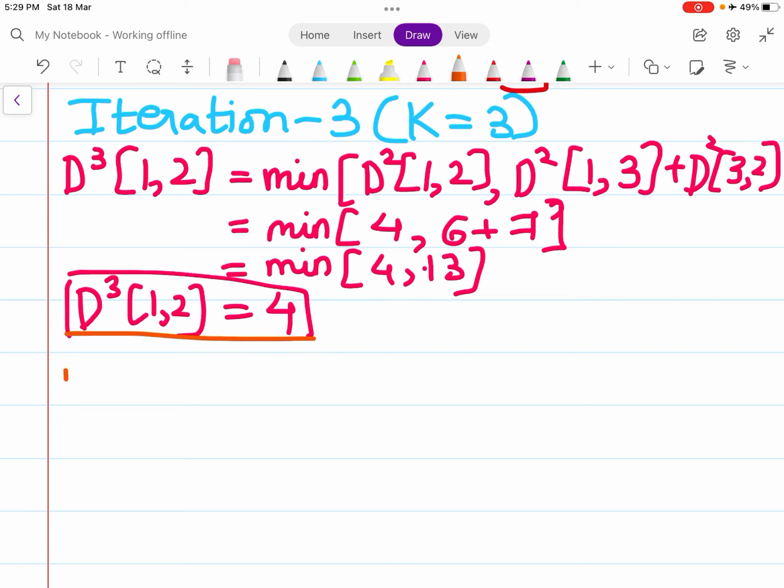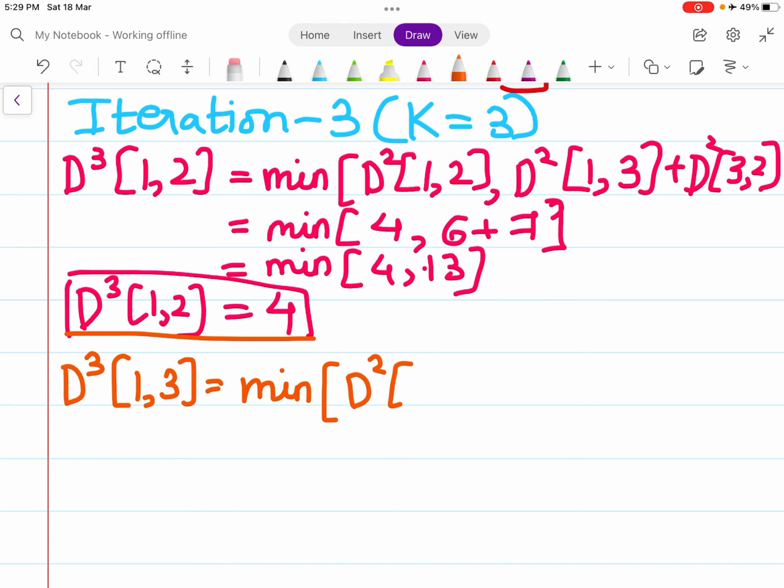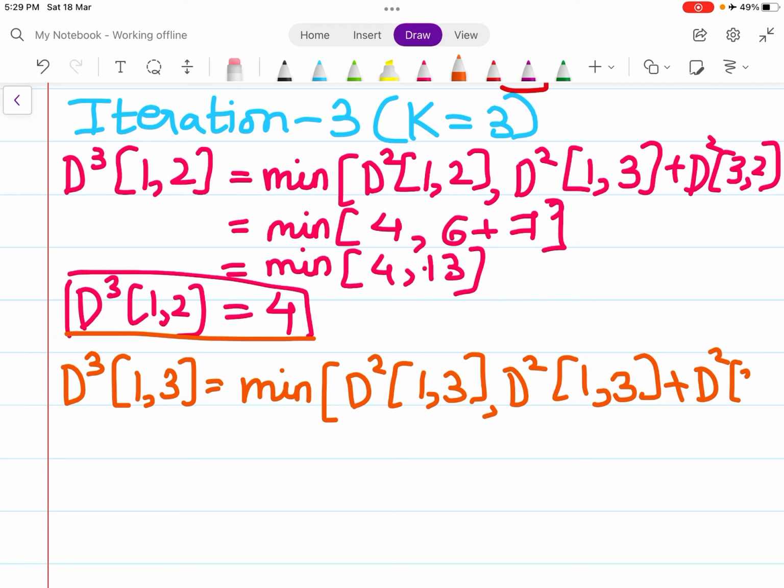Next we will do D3 1 comma 3, which is equal to minimum of D2 1 comma 3, comma D2 1 comma 3 plus D2 3 comma 3.